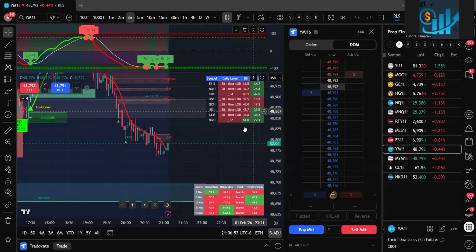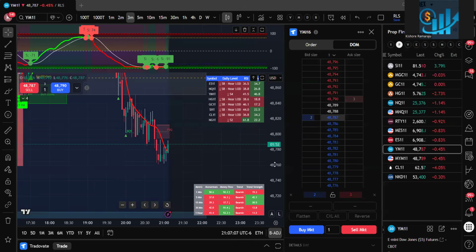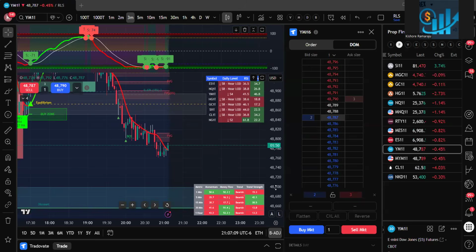When something is choppy, it will go up and down, but there is no proper direction. So you can avoid such tickers. If the strength is high and the RSI is bearish, then you can do bear shorts or bear calls on them confidently.